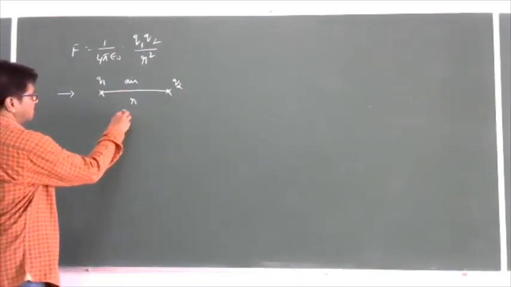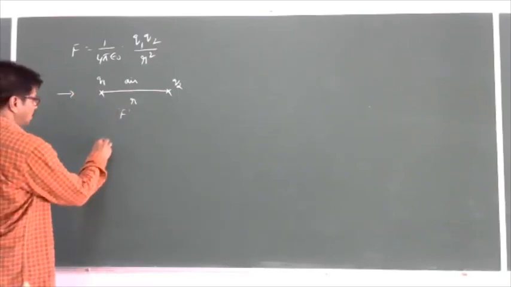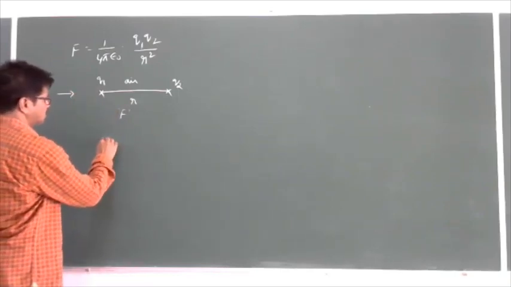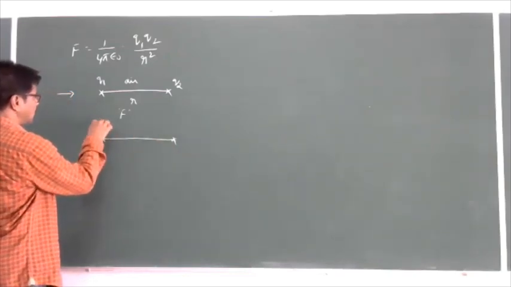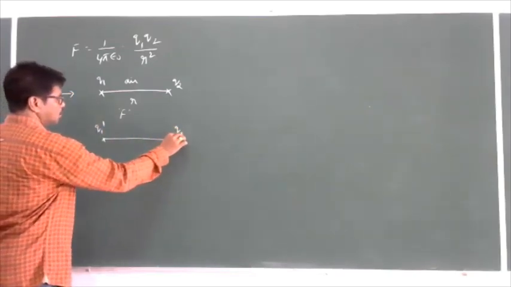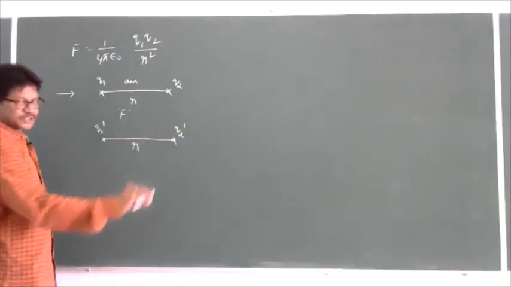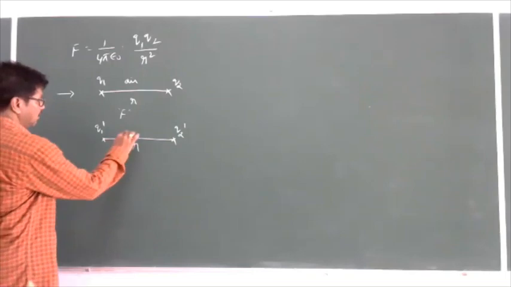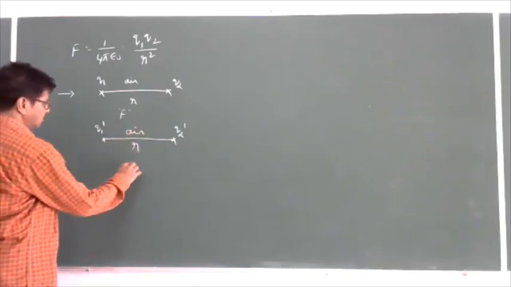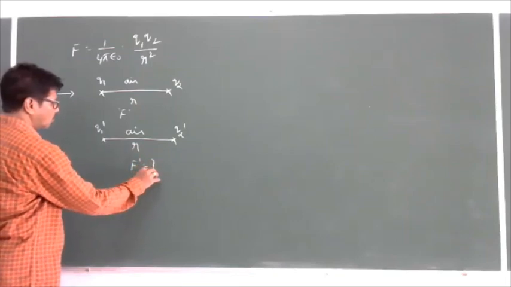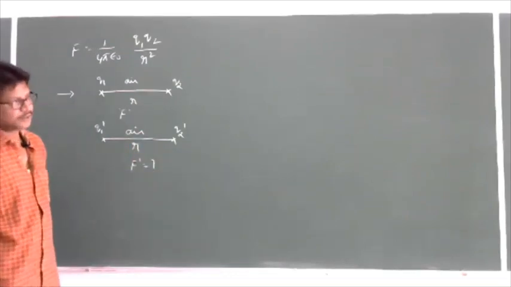The force between them is F. Now I am taking two more charges called Q1 dash and Q2 dash, separated by the same distance R, placed in the same medium, air. Then what will be the new force? F dash is equal to how much?